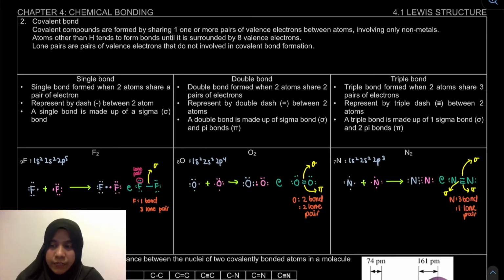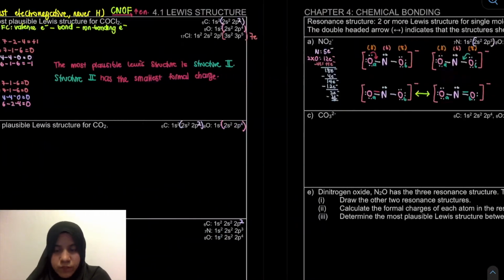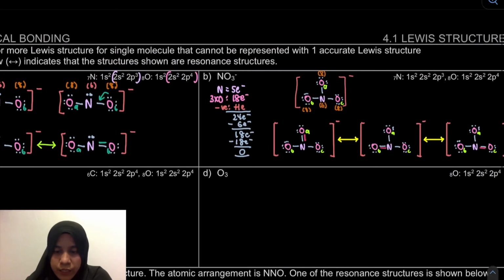Tapi kalau dah ada second bond, third bond tu kita panggil pi bond. So, kalau pi bond electron ni, dia can delocalize, dia can move around. So, dia boleh move ke sini, dia boleh move ke sini.